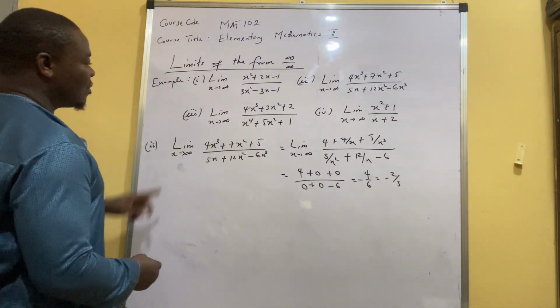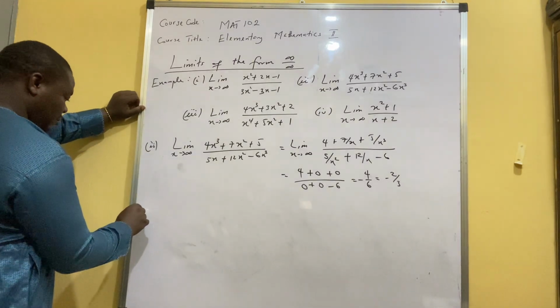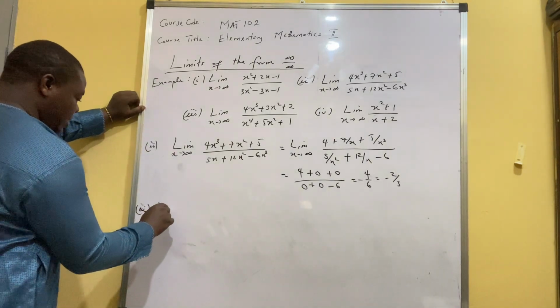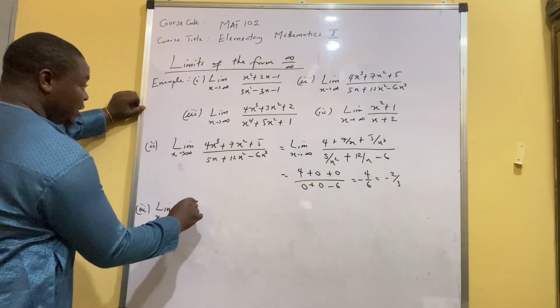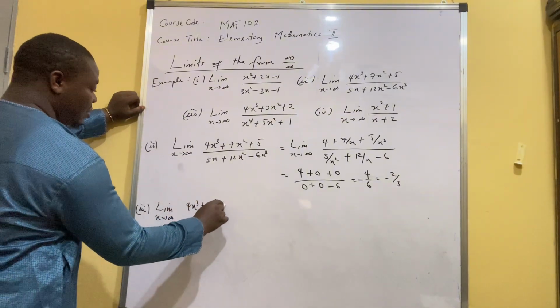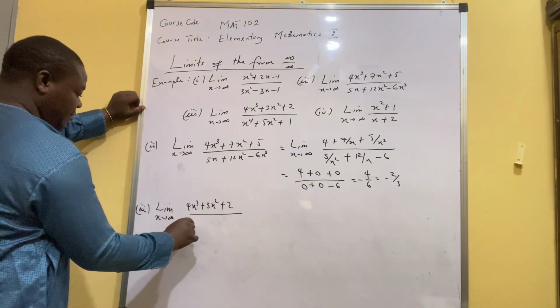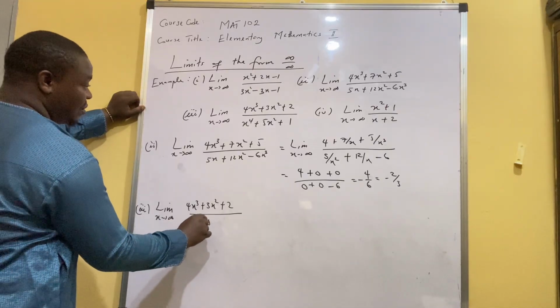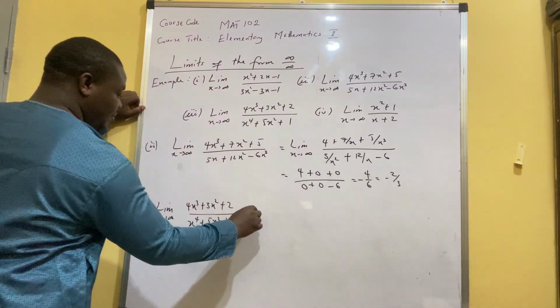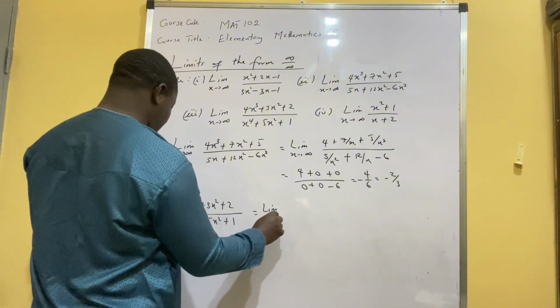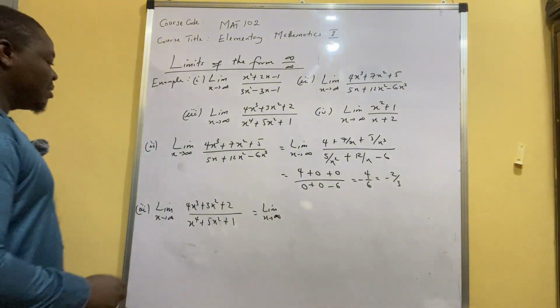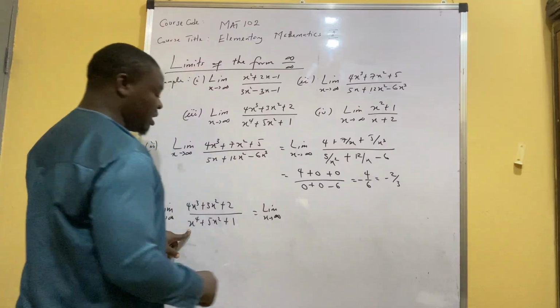Alright, we move on to the next one. The limit as x tends to infinity of 4x cubed plus 3x squared plus 2 divided by x to the power 4 plus 5x squared plus 1. Again, we look for the highest power of x here, which is x to the power 4.